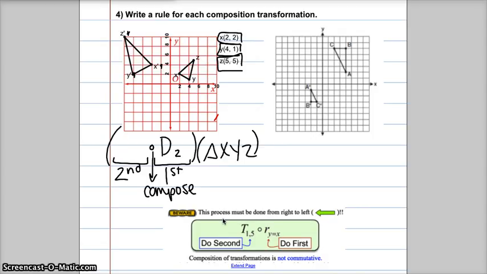My advice, actually dilate this by a scale factor of 2 so that you can see triangle X prime, Y prime, Z prime. So if I dilate all of these, I'm at (4, 4), (8, 2), and (10, 10). Draw the figure.